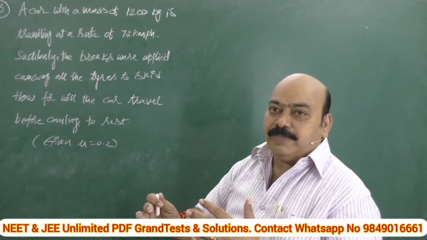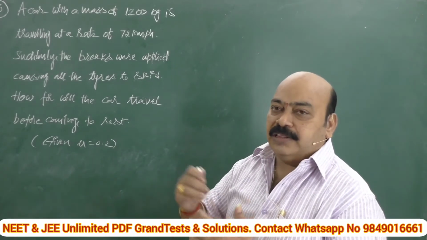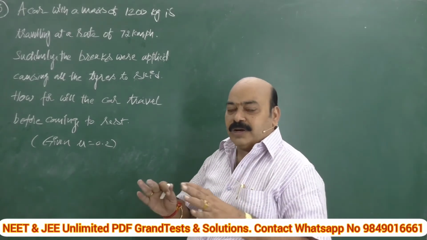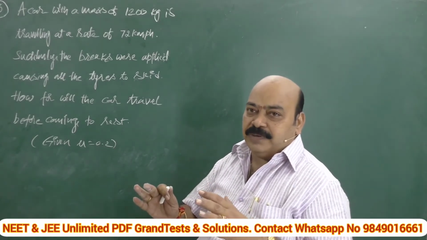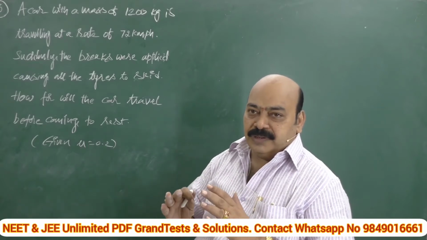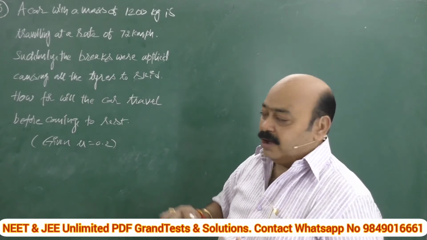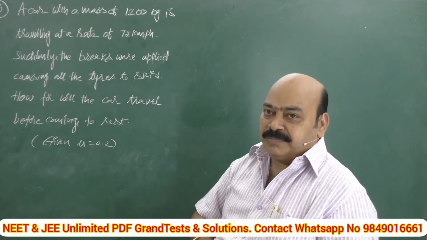Now see how kinematics is linked with this friction. That's why time and again I am telling, don't consider different topics of physics as a different subject, different problem and different formula. All together it is one.